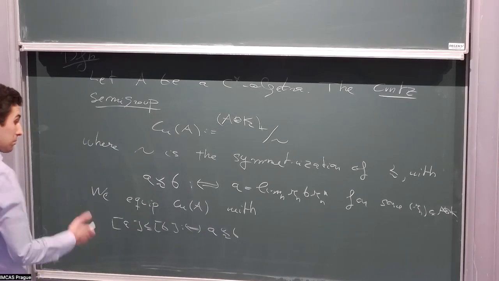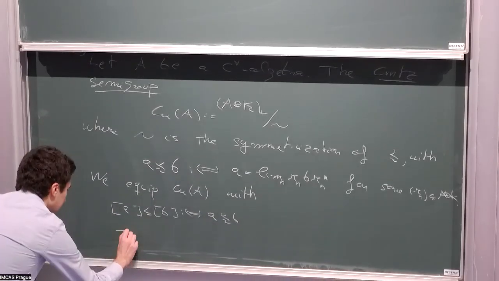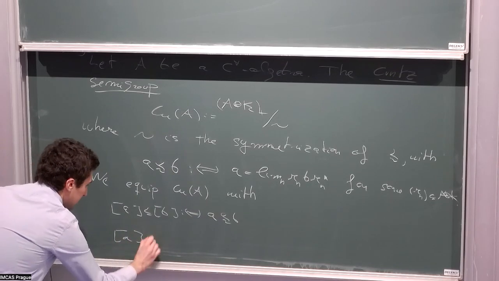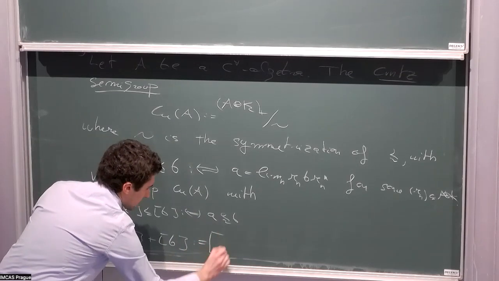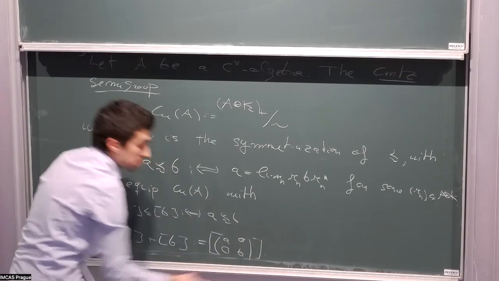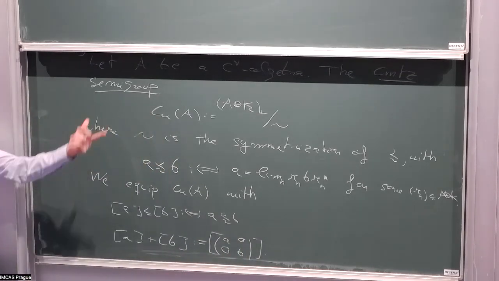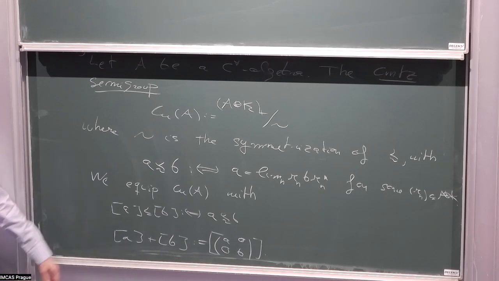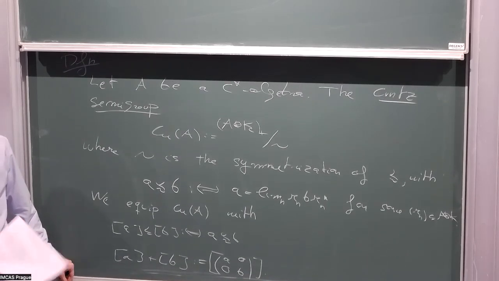And the addition is given by diagonal addition, like in the K0 group. So a plus b is the addition induced by looking at this diagonal. And this is one of the reasons why we work with this stabilization. It's not the only one, but it's one. So, okay, this turns out to be an interesting invariant for C*-algebras.